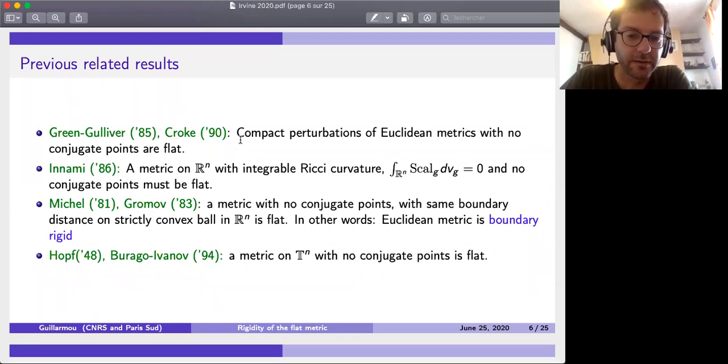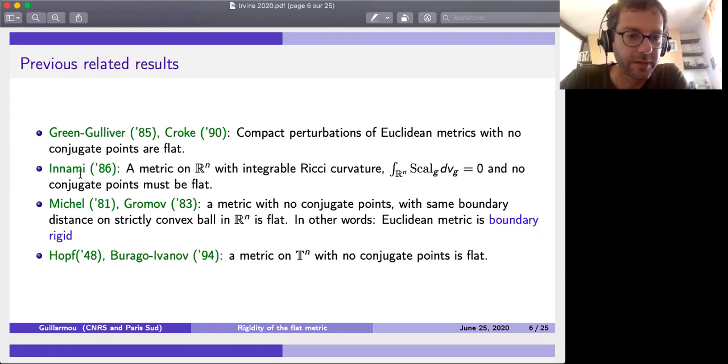They showed that if you have a compact perturbation of the Euclidean metric with no conjugate point, then it must be flat. So when we started to look at this question with Leo and Marco, the idea was to see up to what kind of perturbation this type of result can be extended. So we consider this class of metric.